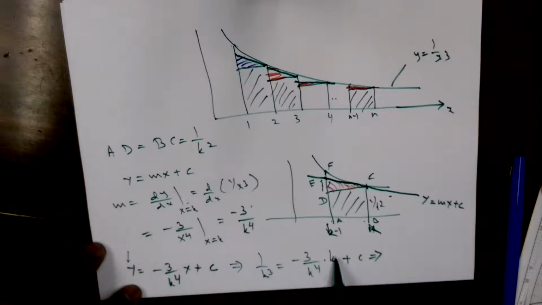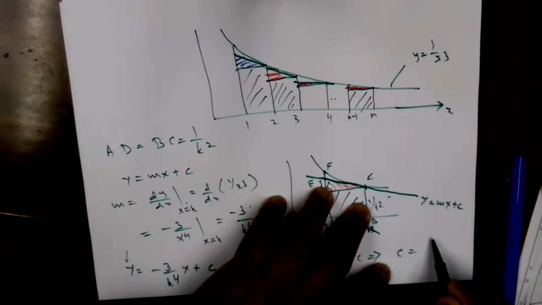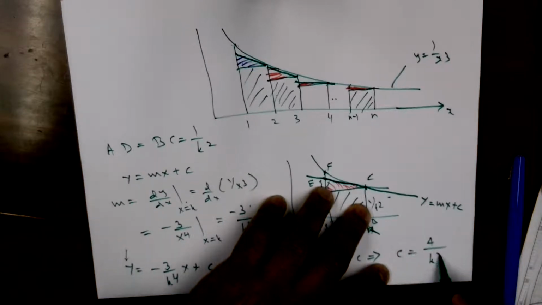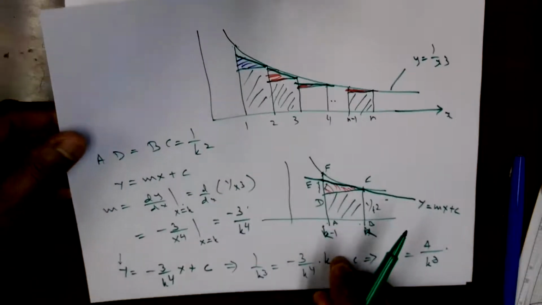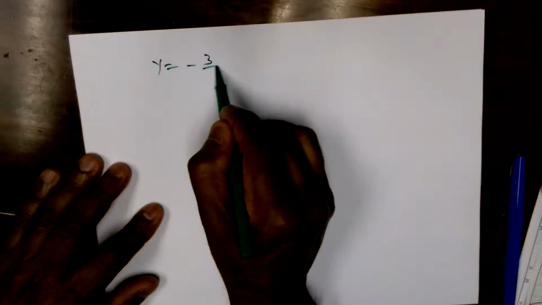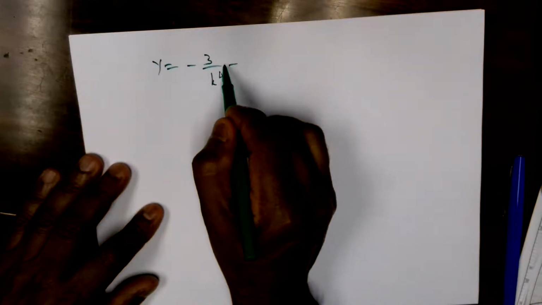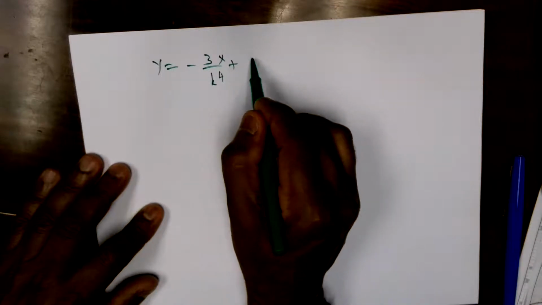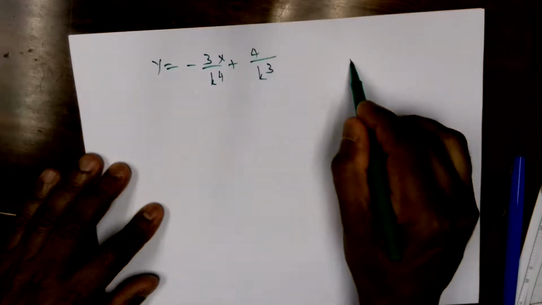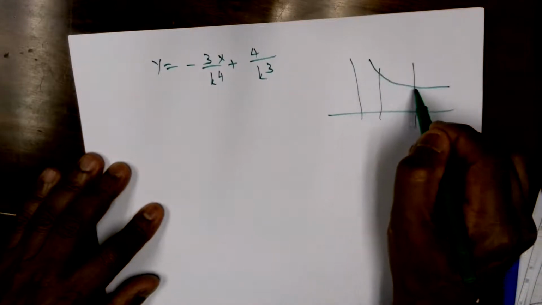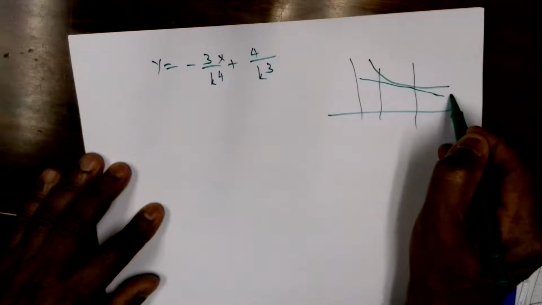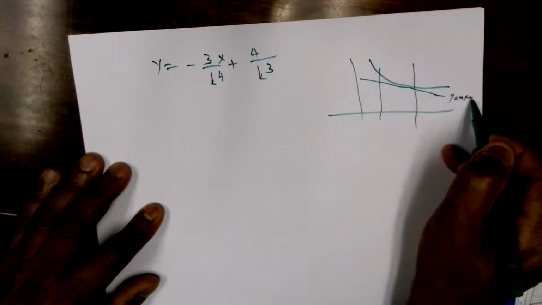So you can see k cancels, so you get 3 over k cubed. So you get c to be 4 over k cubed. So we got the equation of this line completely. So the line is now y equal to minus 3 by k to the 4 x plus 4 by k cubed, this line y equal to mx plus c.